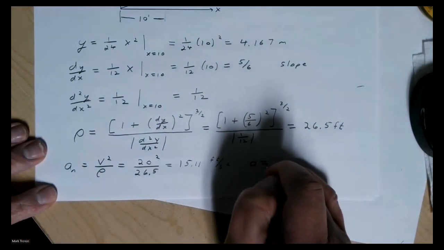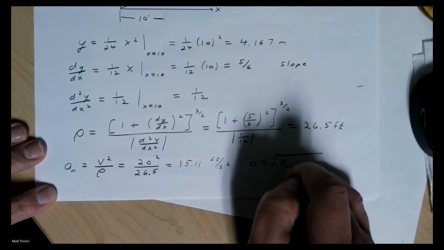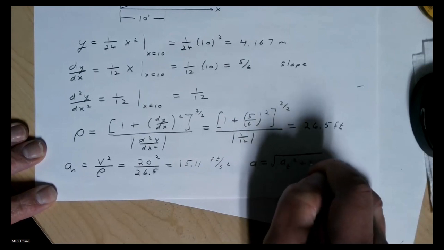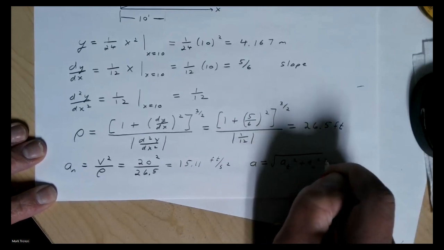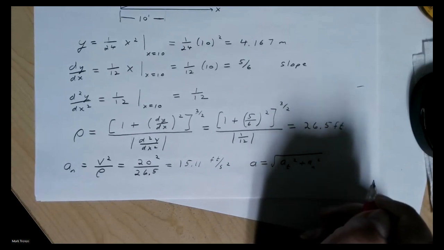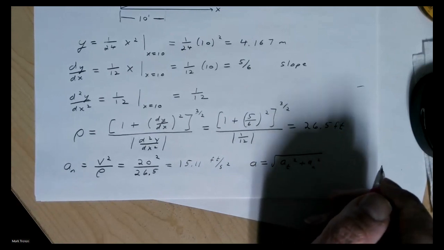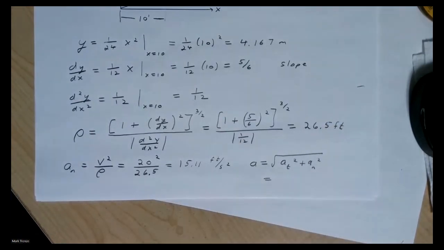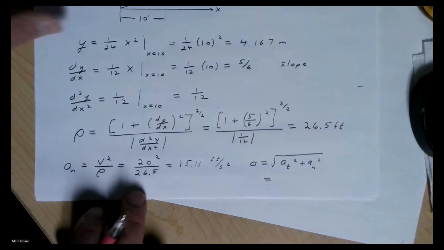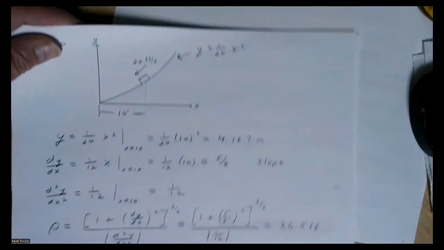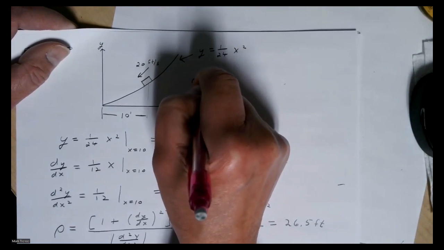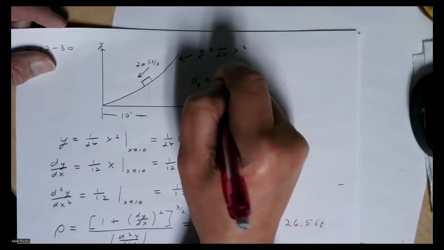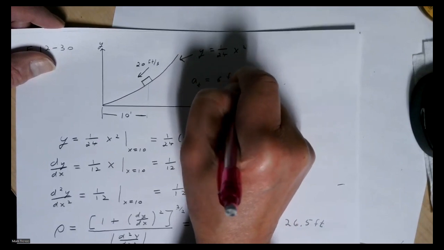Then our acceleration is going to be the square root of the normal and tangential squared. I neglected to write it down, but our tangential acceleration was given as 6 feet per second squared.